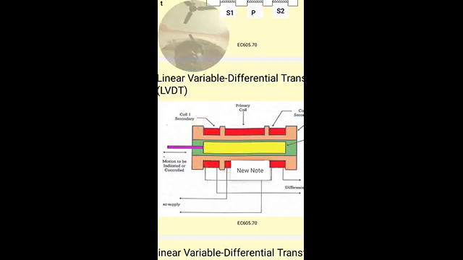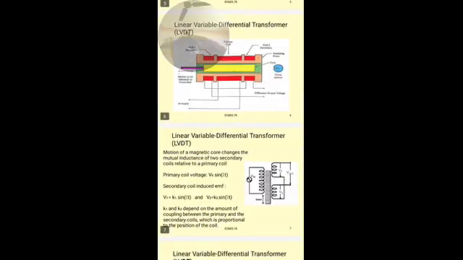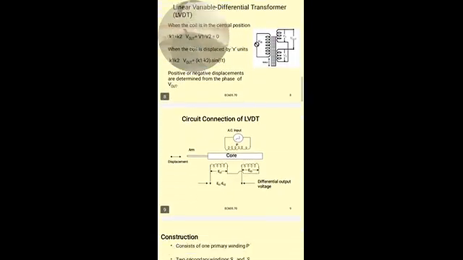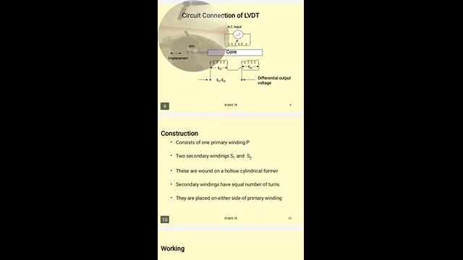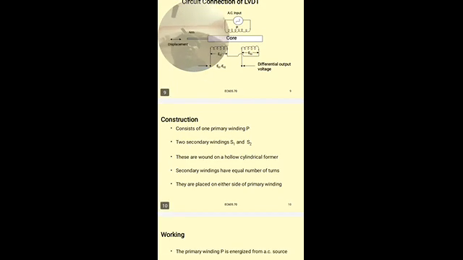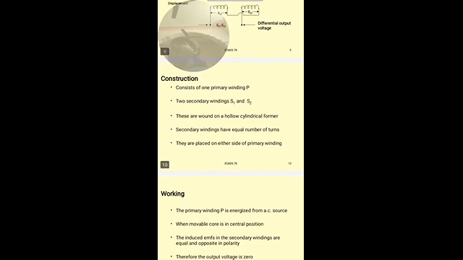Two coils are mounted. The secondary windings have an equal number of turns, and they are placed on either side of the primary winding.